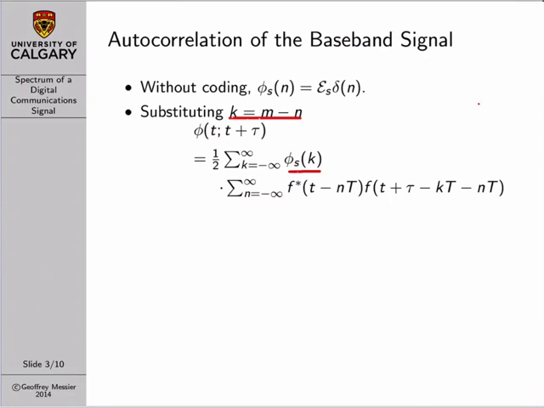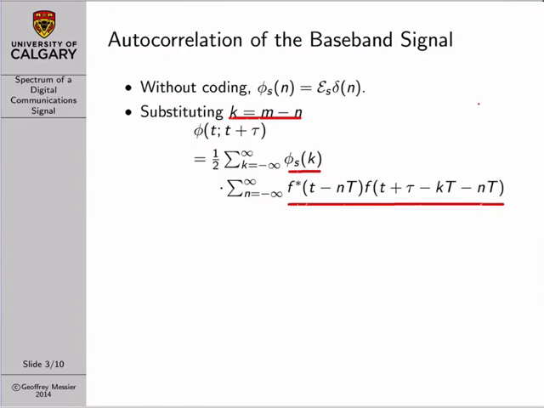And then we have the multiplication of the two basis functions by themselves as well. And so this sets us up for the next stage of the derivation, which is dealing with the unusual stationarity of a communication signal.